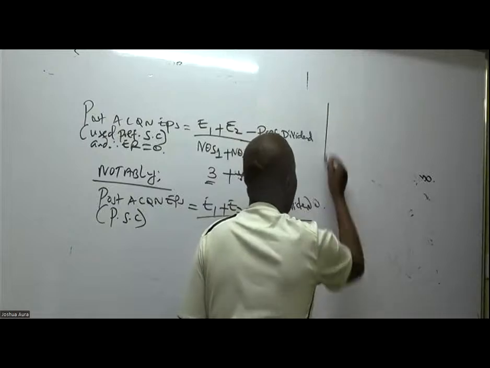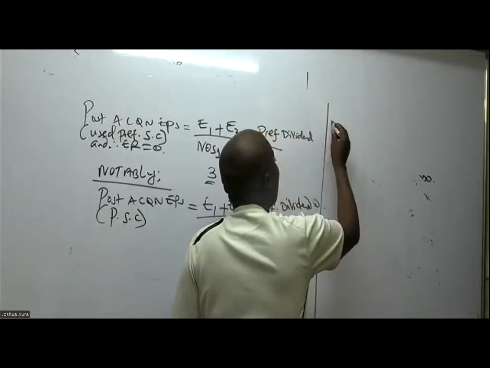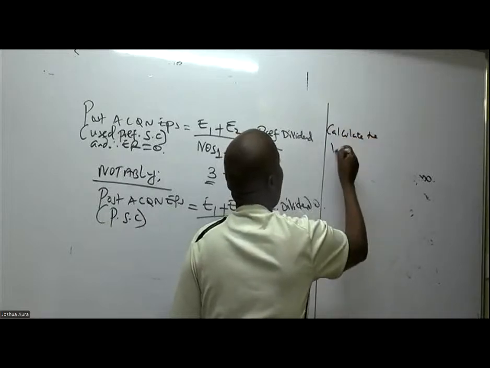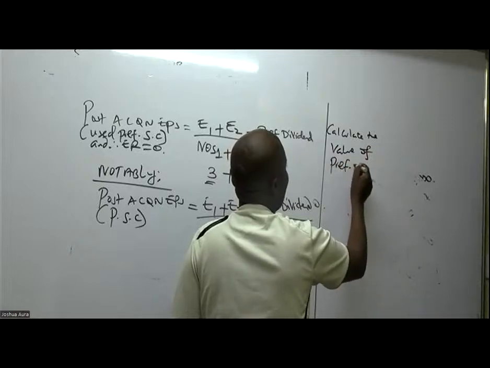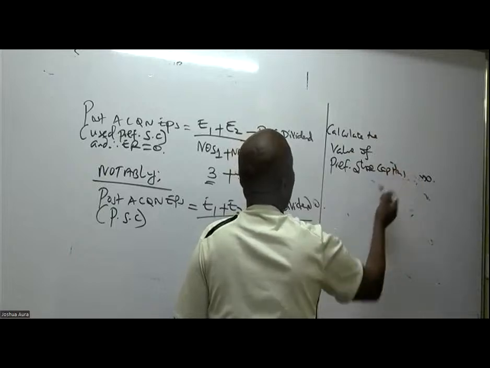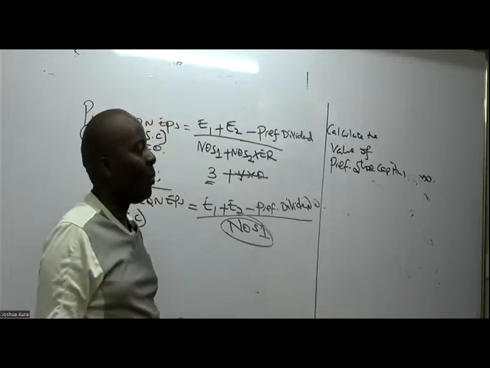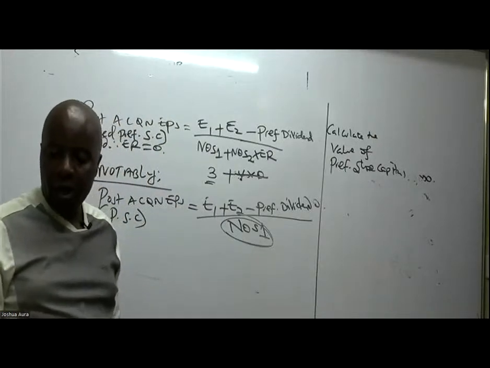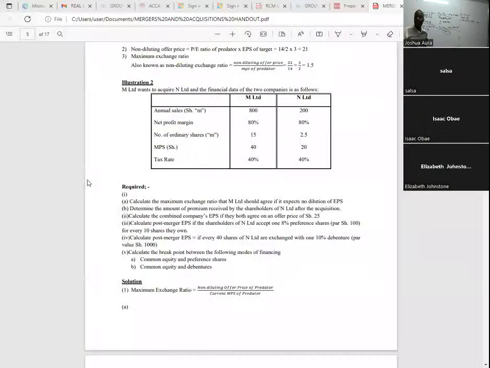And then, ladies and gentlemen, having appreciated the formula, the next thing I'll do is calculate the value of preference share capital. The preference share capital value depends on the number of shares that I issued.